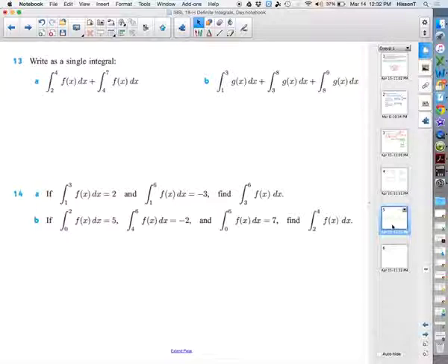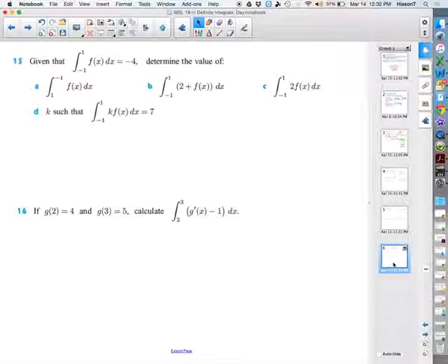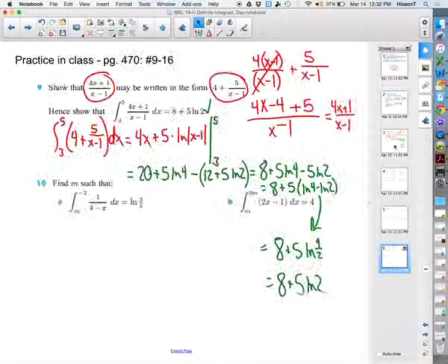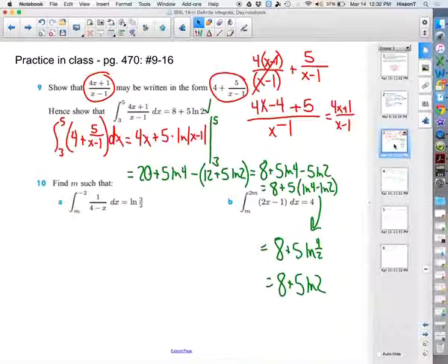Here we're working with different intervals and things. Look carefully at the intervals that we're integrating over on 14, okay? And then some other problem solving with these, using some given information and what you know about integrals, okay? So, some good practice here. I'm going to let you guys use the rest of the time for that.